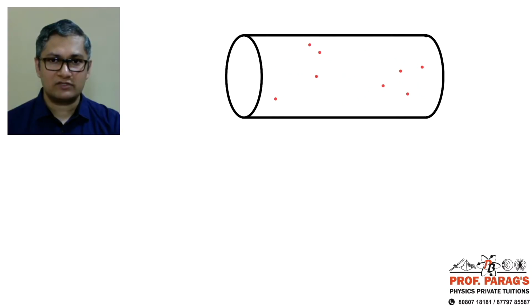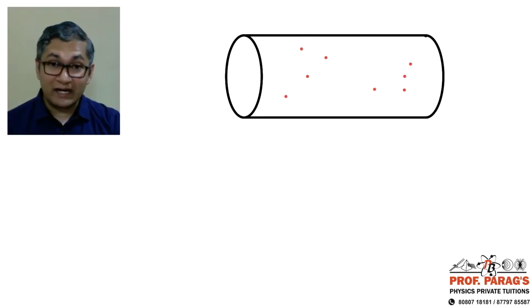You can see I've just drawn a few dots here, and they're randomly diffusing into different areas of the resistor. The diffusion of the electrons is random and there is no net current flowing. Metal always has free electrons, and the free electrons always keep on moving here and there. So there is diffusion, there is no net flow of current.